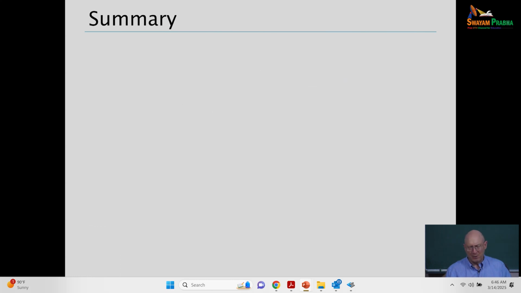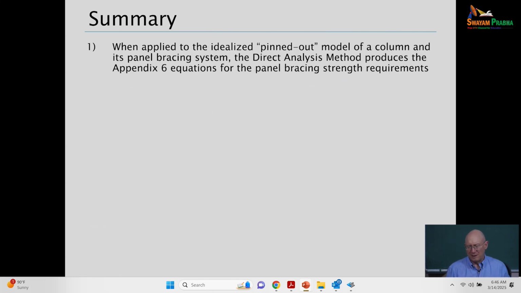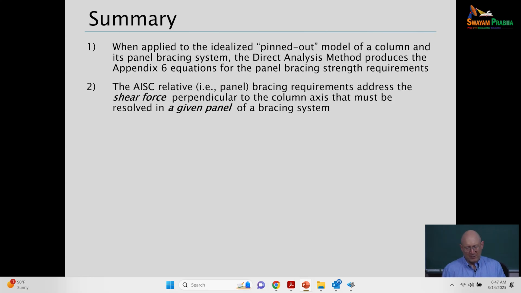Okay, so to summarize, if we take this most basic bracing case and apply the idealized pinned-pinned model of a column and its panel bracing system, the direct analysis method gives us the Appendix 6 equations for the panel bracing. The AISC relative or panel bracing requirements give us the shear force perpendicular to the panel that's providing the bracing.